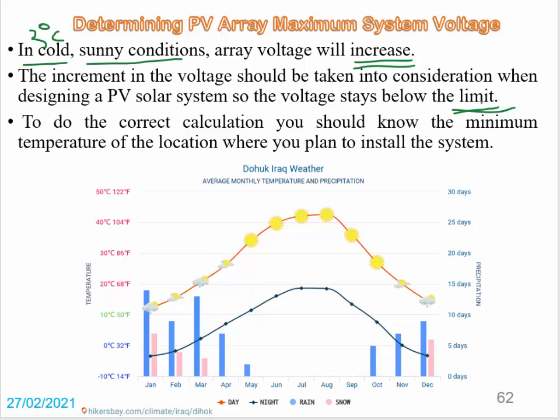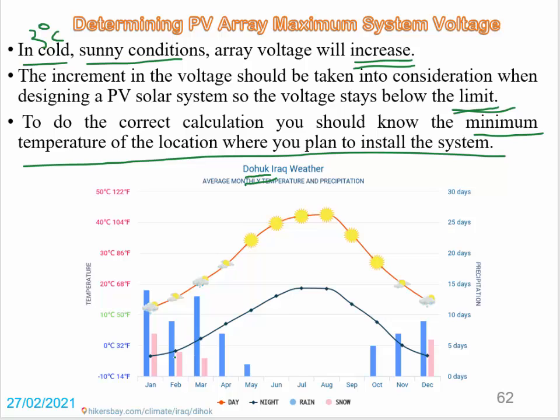We should not exceed the limit. To do the correct calculation, you should know the minimum temperature of the location where you plan to install the system. For example, I want to install my system in Hawk city.